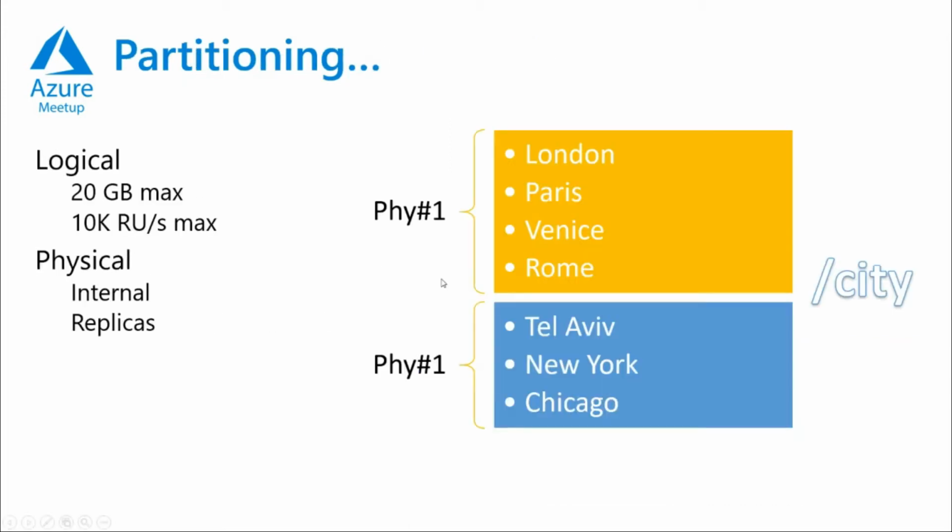And if a lot of the work is inherently based on the user ID, which is in the same partition, all of that is going to go to the same location, to the same partition, and I might hit the 10K RU limit.